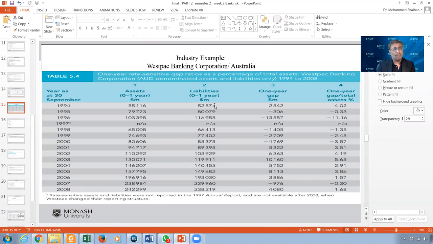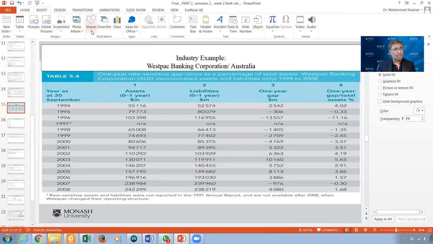And you can see they calculate the assets, liabilities, and actually the 1 year gap. And then you don't have to worry about this column. They calculate the gap over the total assets. Banks use this as a type of indicator, but actually we are only interested in this area.